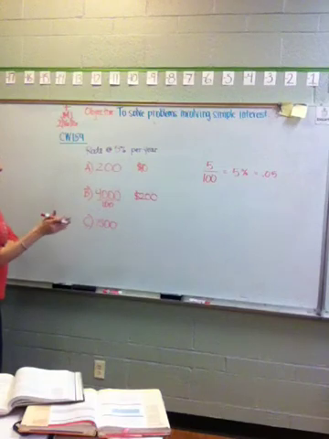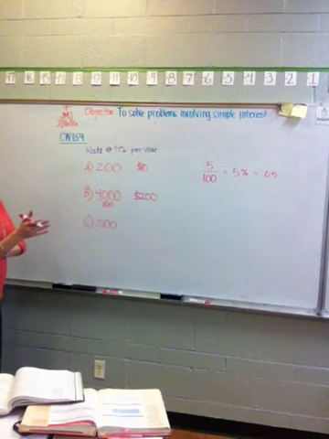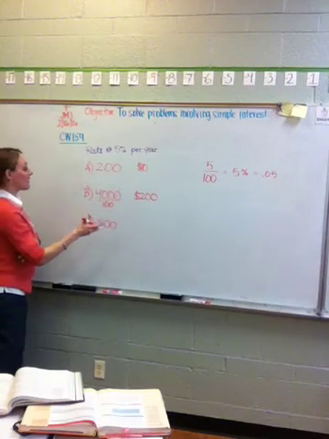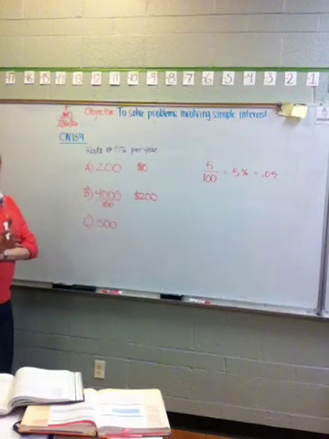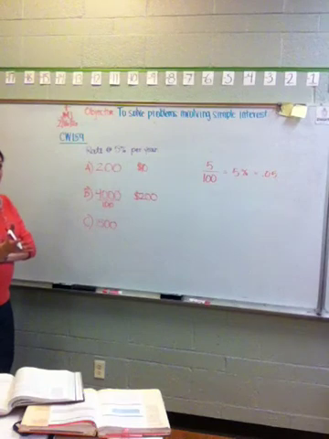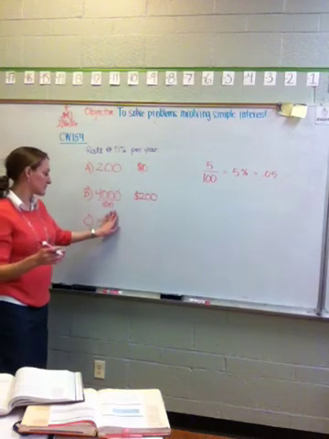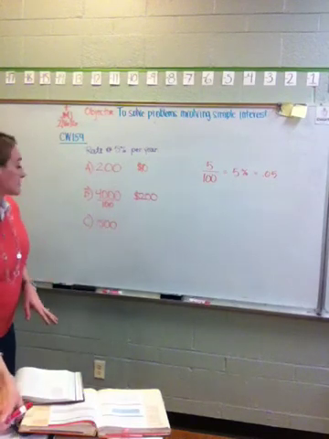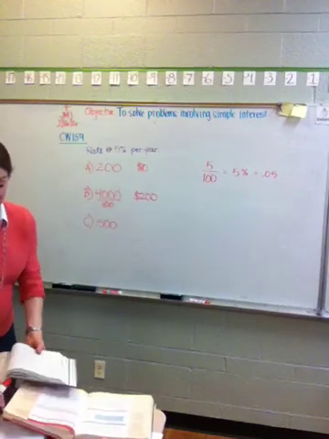All right, so we've got 200. Make sense? All right, 1,500. How many 100s are in 1,500? 15. Yeah, just take off the zeros.